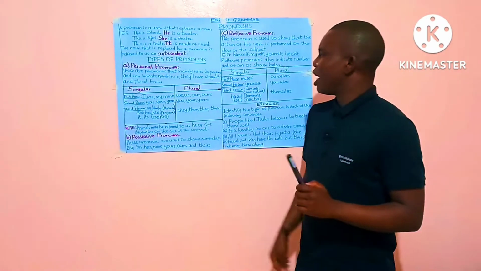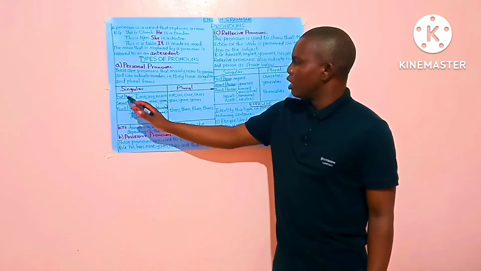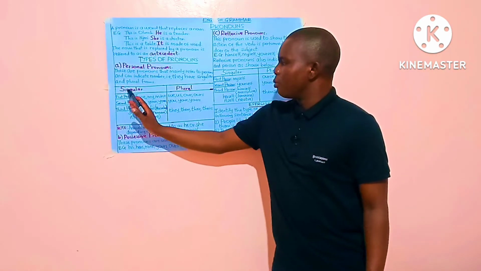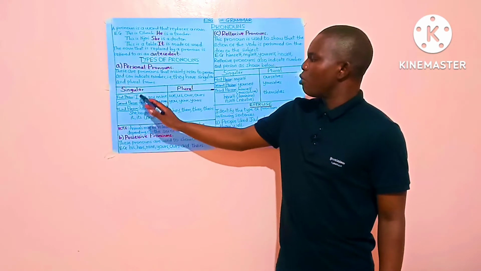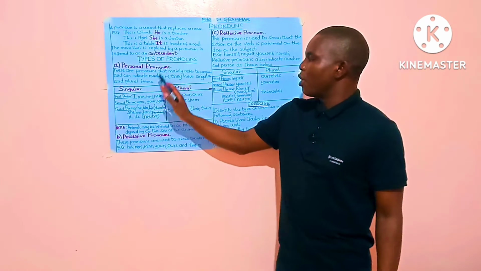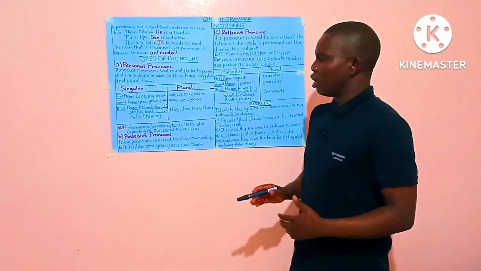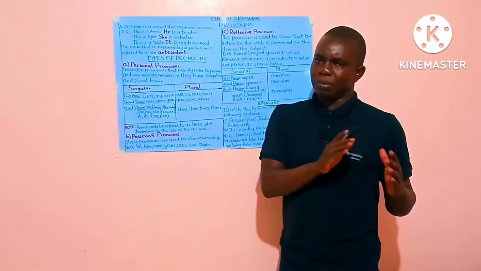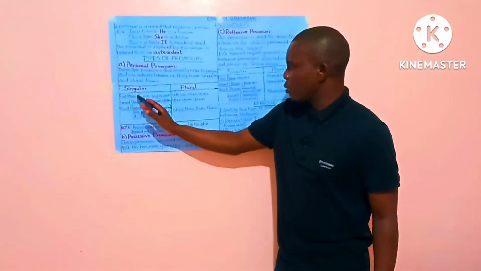We have a certain table in which we have on the first column the person, then we have the pronouns that we can use in singular and the pronouns that we can use in plural. In the first column, we have the first person.